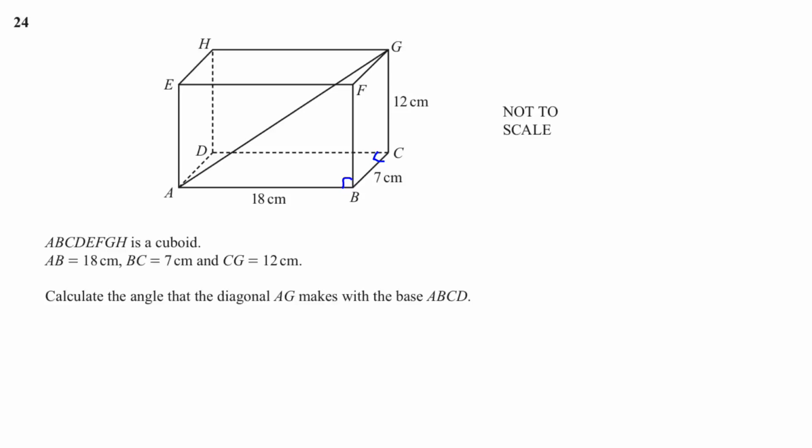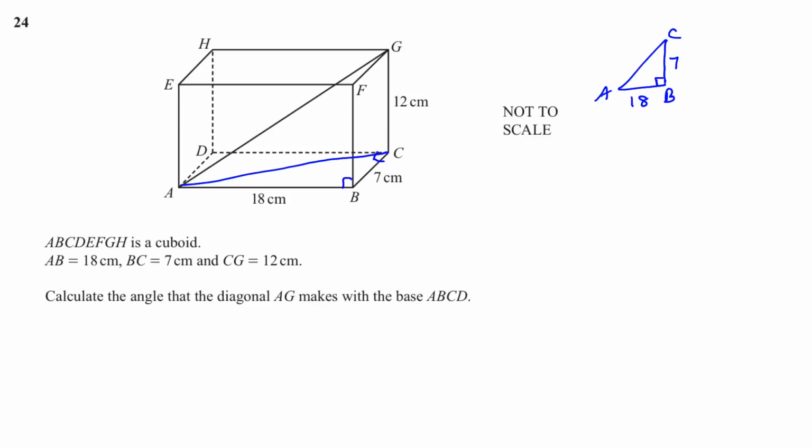So the first thing you will do is find AC. Let's draw that triangle here. This is ACB. This is 18 and 7. This is a right angle. You can see it's a Pythagoras theorem.